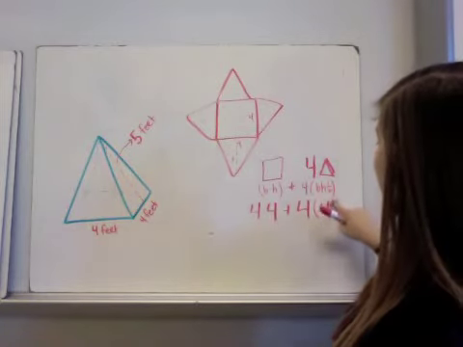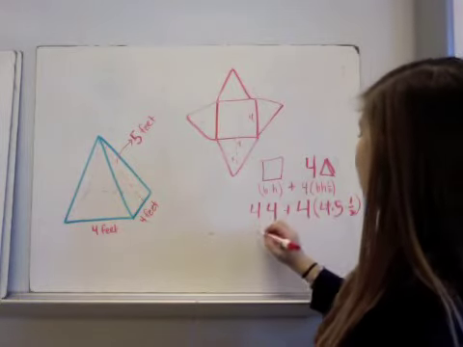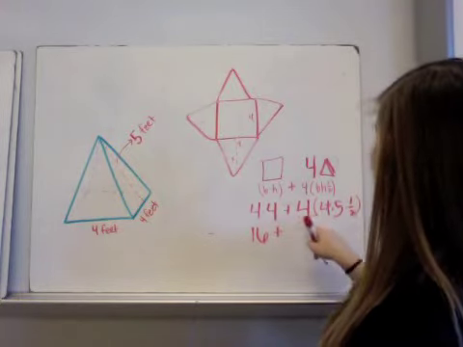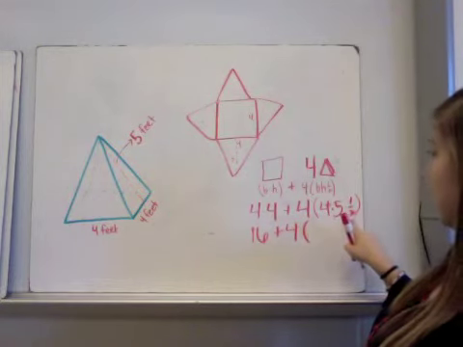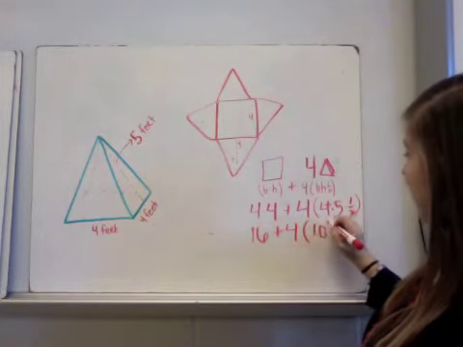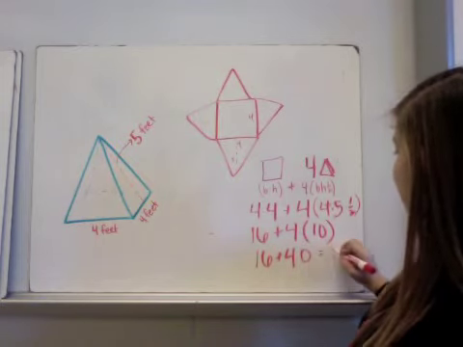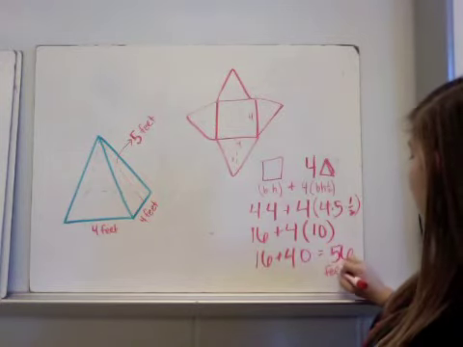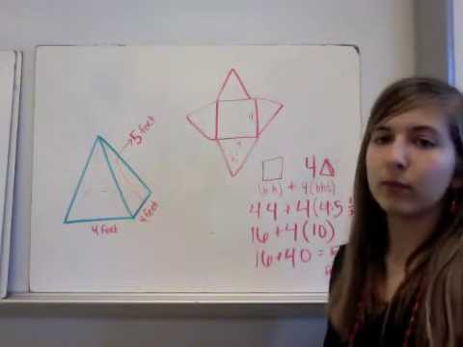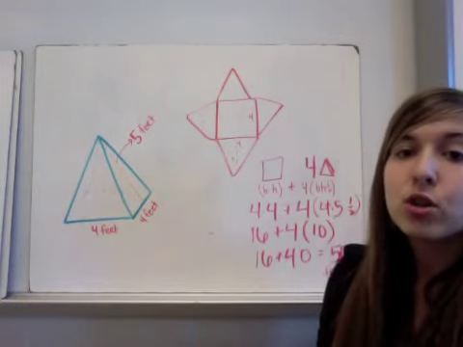My height, 5 times 1/2. Okay? So now we have 16 plus 4 times 20 times 1/2, or 20 divided by 2 would be 10. So that's 16 plus 40, which equals 56 feet squared.